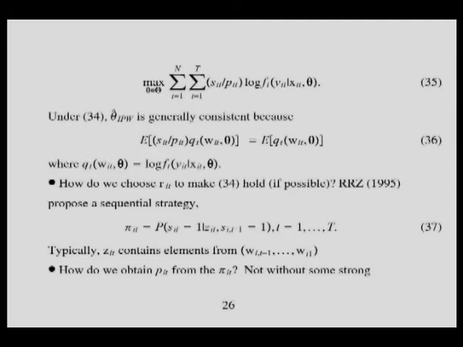So the strategy that's suggested in this Robbins-Rudnitsky-Zhao paper is a sequential strategy. So the idea is to estimate a sequence of conditional probabilities where, for the sake of argument, let's say we start off with a random sample in the first time period, and then what we have to do is estimate probabilities of why people are leaving at time t, conditional on being in the sample at time t minus 1.